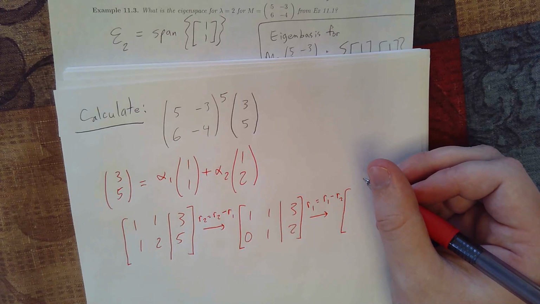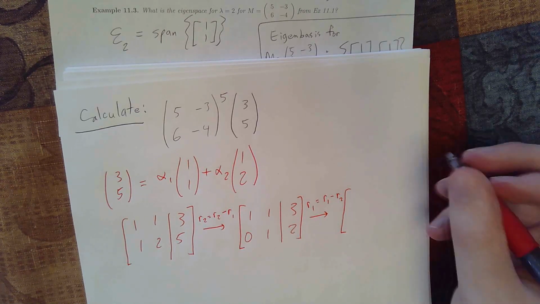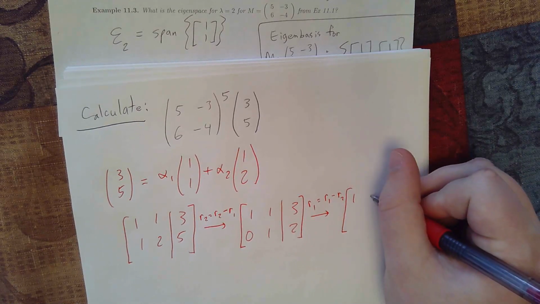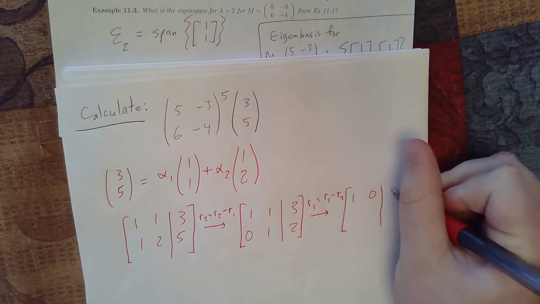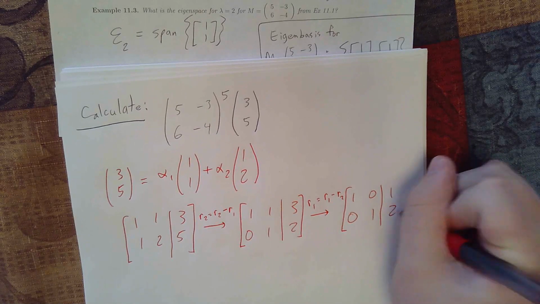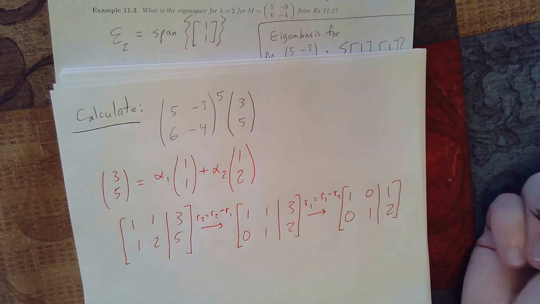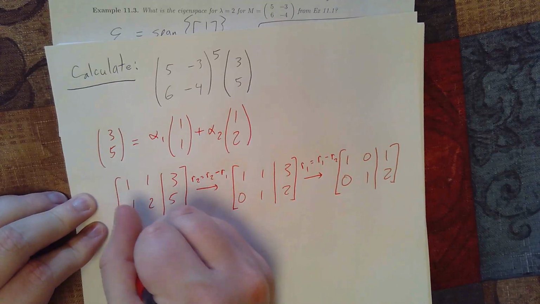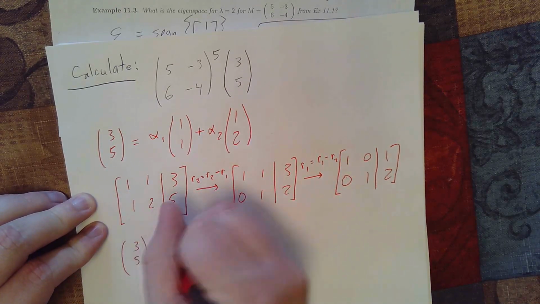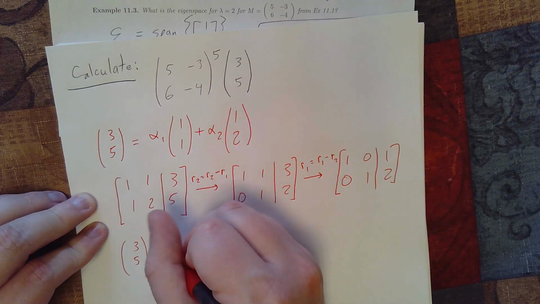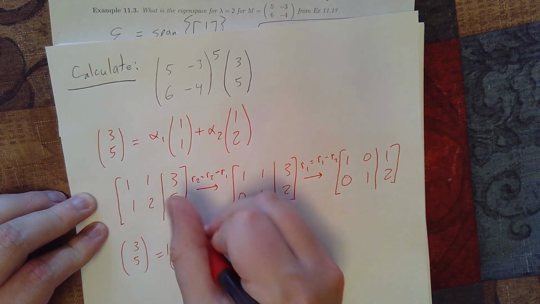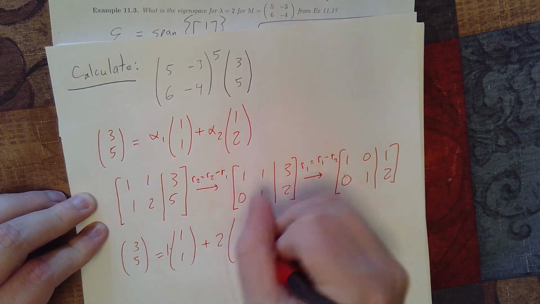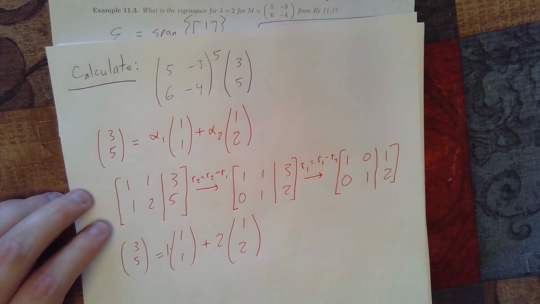And we would wonder where we messed up. Oh, no, we're good. We get 1, 0, 1, 0, 1, 2. So that means that (3, 5) is equal to 1 times (1, 1) plus 2 times (1, 2).